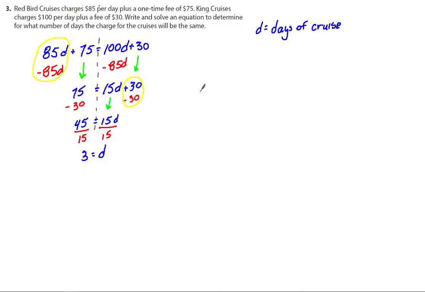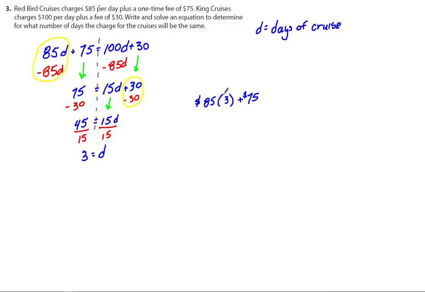If you called up Redbird Cruises and said, what will it cost me to go cruising for 3 days? They would say, well, sir, we're going to charge you $85 for each of those 3 days, plus we're going to charge you a one-time fee of $75.